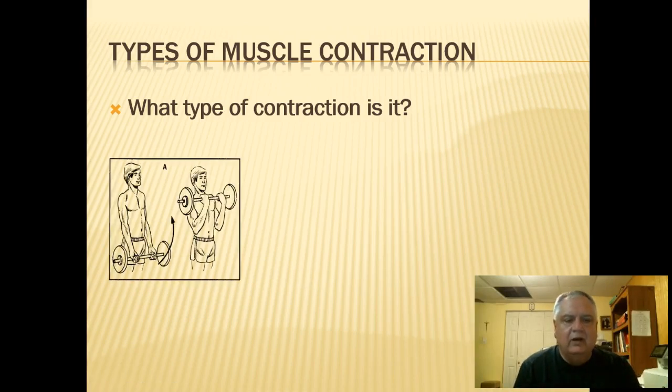So here in diagram A, we have an individual who's doing a dumbbell curl and raising the dumbbell from his waist up to his neck. What type of contraction would this be? Would this be isotonic or isometric? If you said isotonic, that's correct. Now, is this an eccentric or concentric contraction?